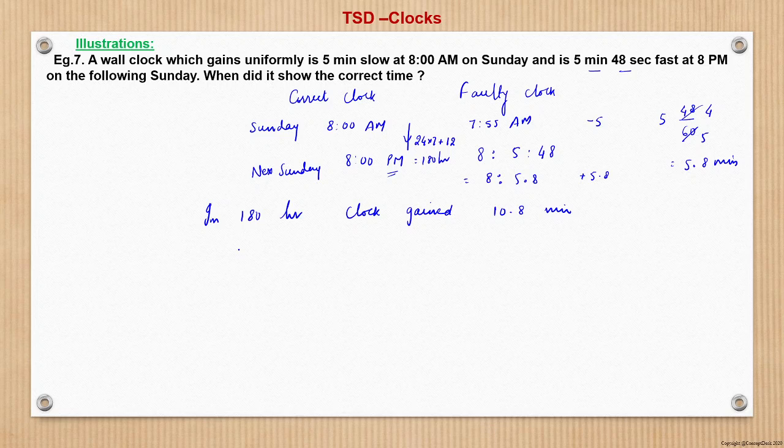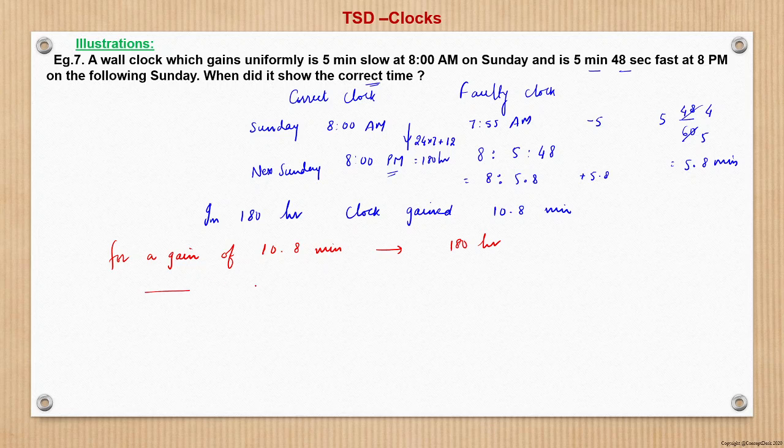So now the question is, when did the clock show the correct time? Basically we look at it in a reverse fashion. It's the unitary method. In 180 hours of actual time the clock gained 10.8 minutes.